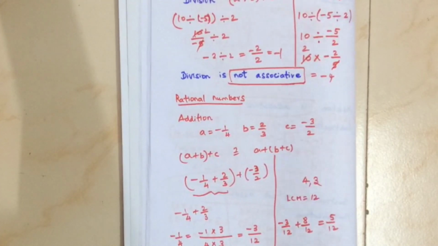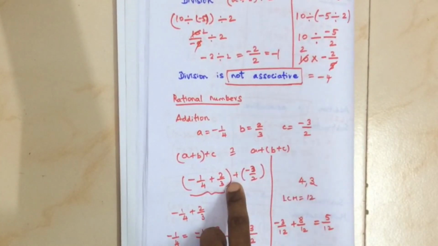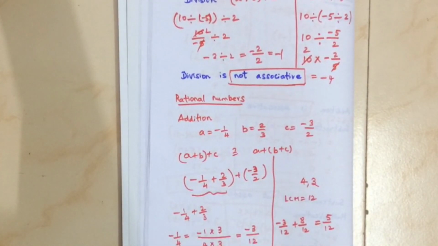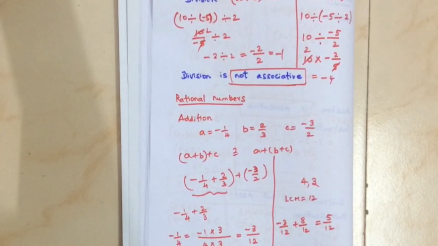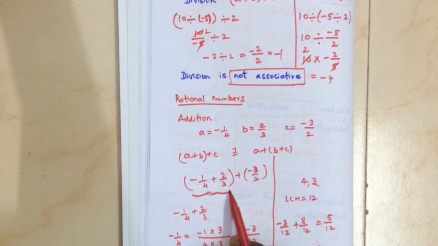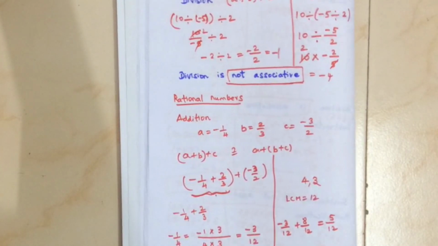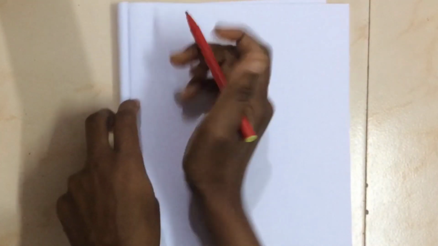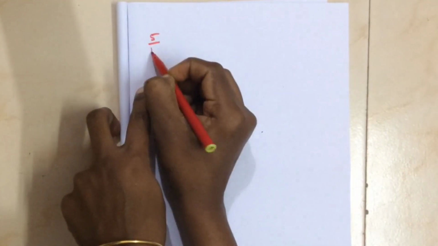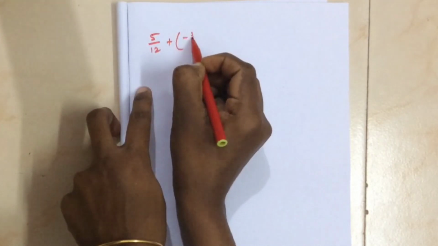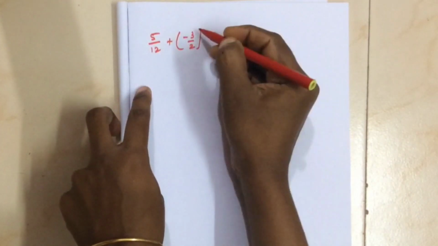Now, next what should I do is, this plus of minus, now I should solve 5 by 12 plus minus 3 by 2. I am repeating here, 5 by 12 plus minus 3 by 2.